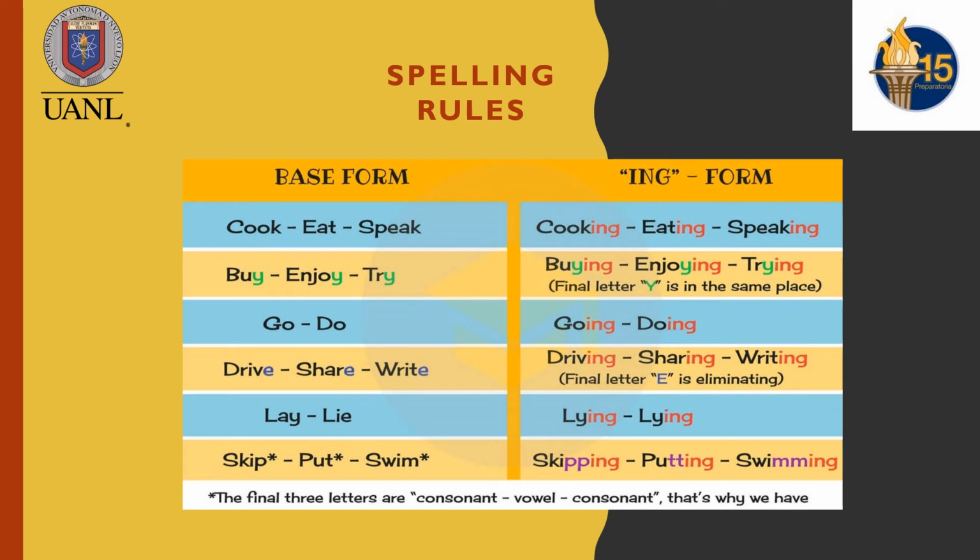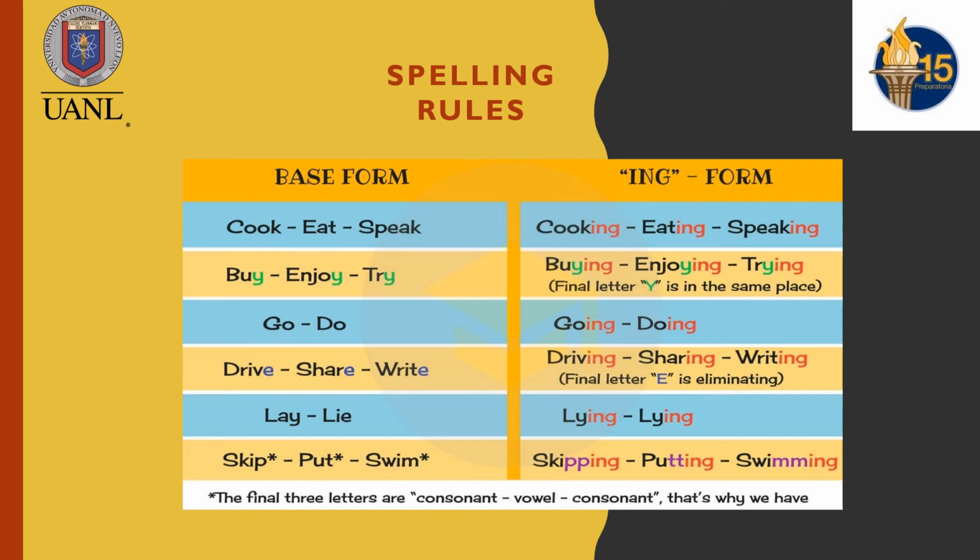As in the topic simple past, in here with present progressive, we have also spelling rules. So you have the base form, cook, eat, speak, right? So you're going to change to ing form, cooking, eating, speaking. So in here you only add ing.